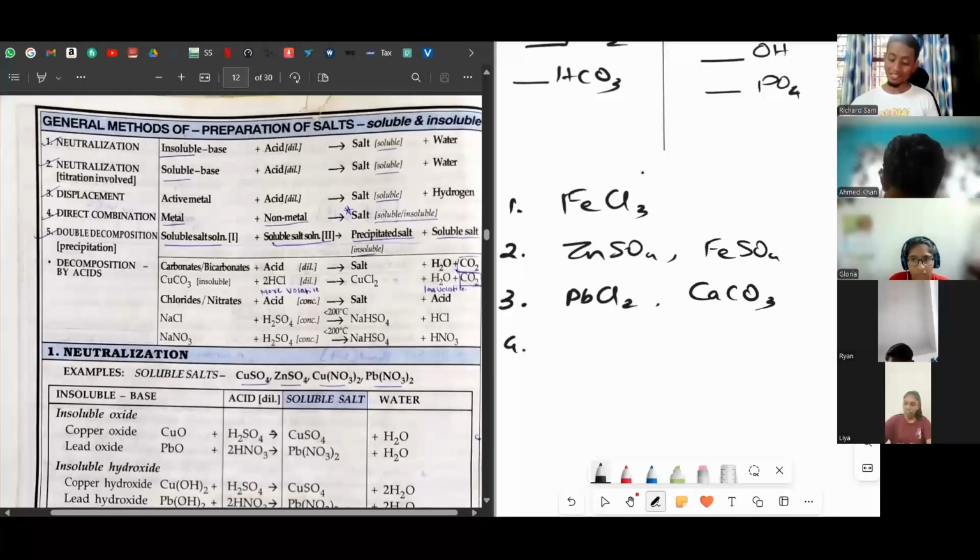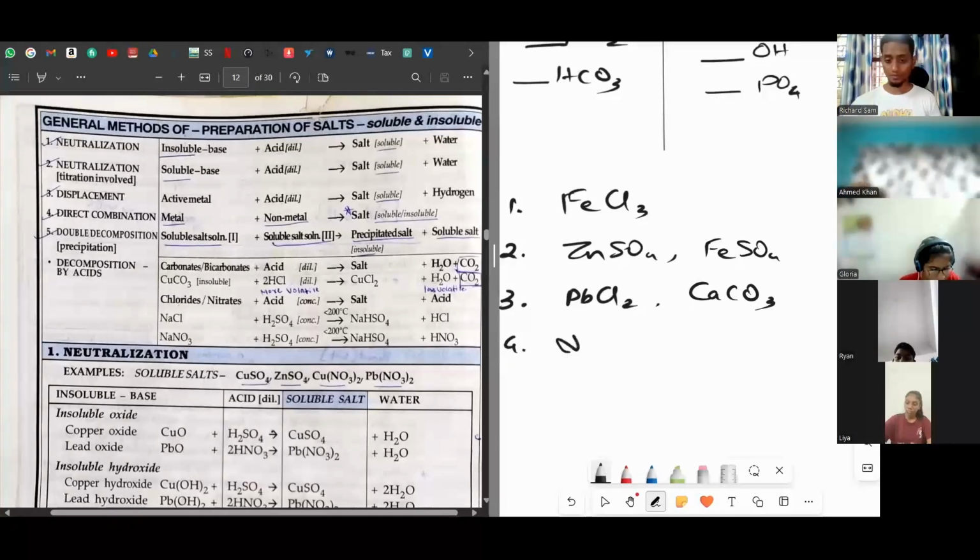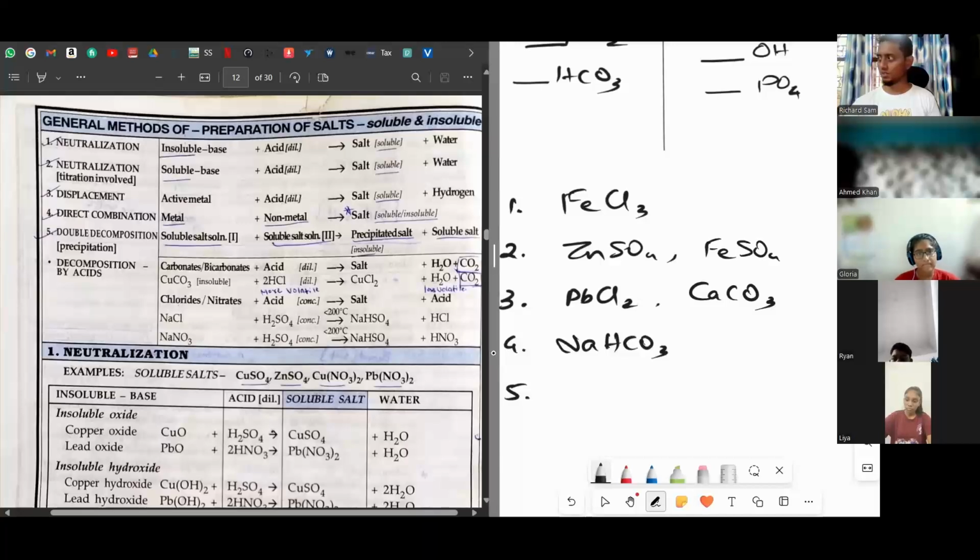Fourth one is preparation of an acid salt, sodium bicarbonate, NaHCO3. For all of these, you just have to learn the reactions, okay? That's all, for all these 7 groups. Fifth one is the neutralization reaction. That is any salt that is made using a neutralization reaction.